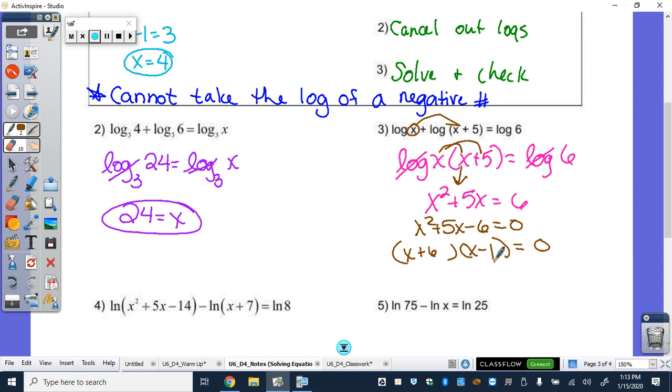Positive 6, negative 1. That multiplies to give you negative 6 and gives you a positive 5 in the middle. So I get 2 answers of negative 6 and positive 1. However, if I take my negative 6 and plug it in for this x, I'm taking the log of negative 6. I can't do that. Can't take the log of a negative. So your only answer is x equals 1.